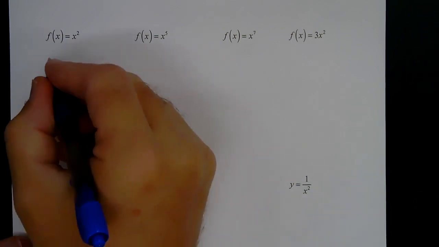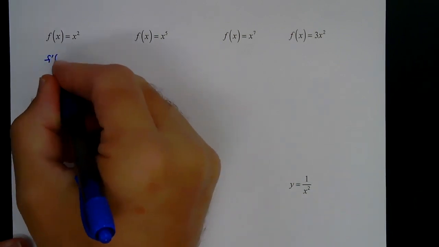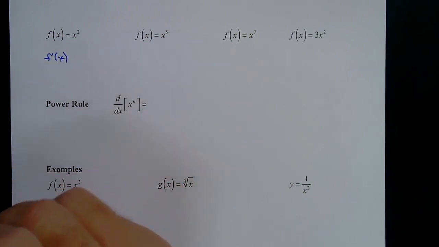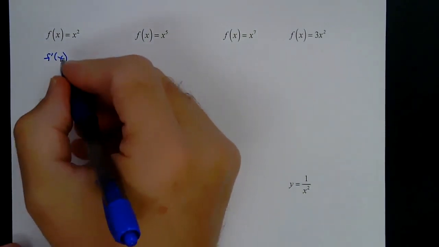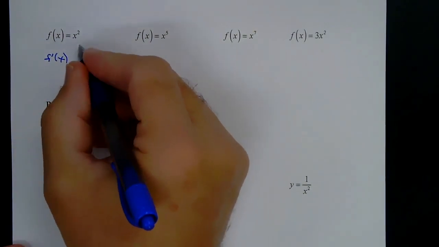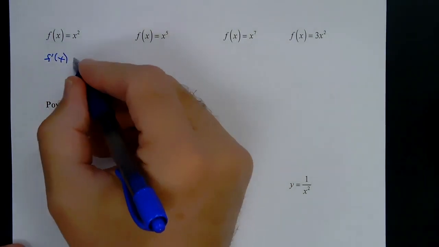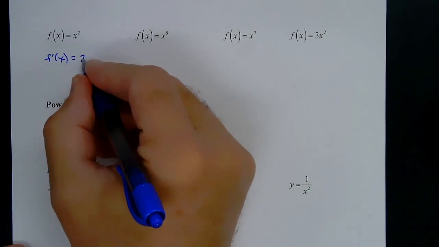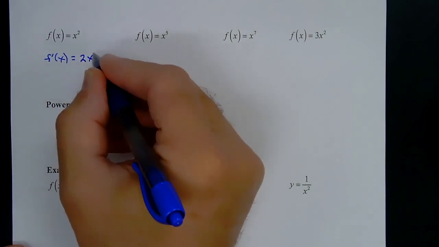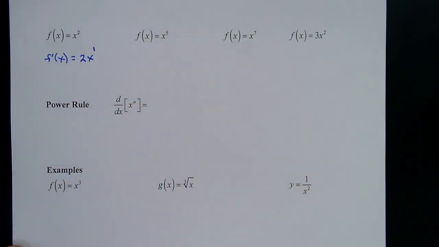Okay, so f of x is equal to x squared. The derivative of that, f prime of x, and I'm wanting you to try to figure out what I'm doing. So f of x is equal to x squared, so f prime of x would equal 2 times x to the first power. And we probably wouldn't write first power, we just write 2x.